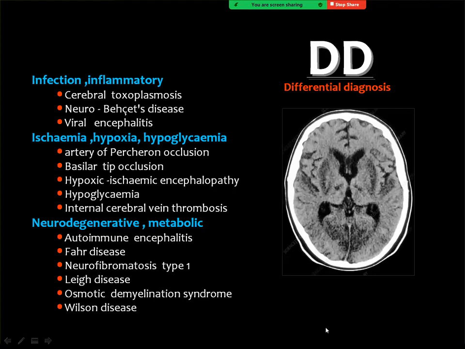the blood. Then what is the differential diagnosis of basal ganglia abnormality?